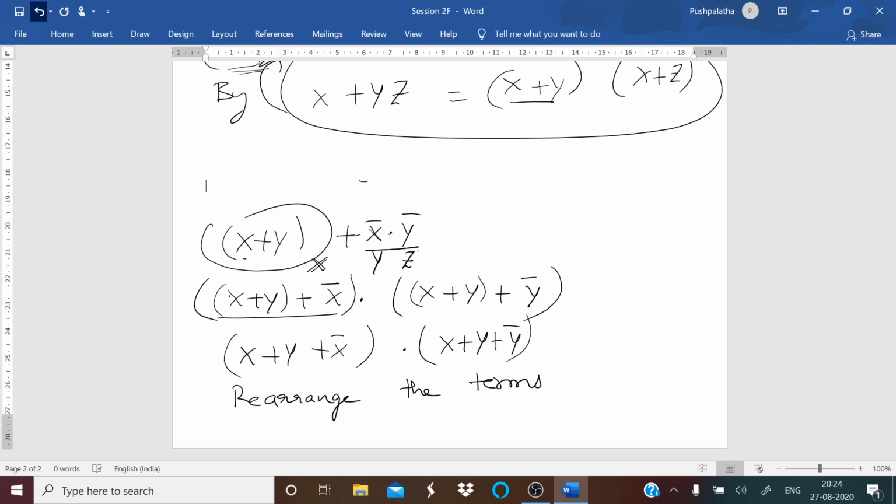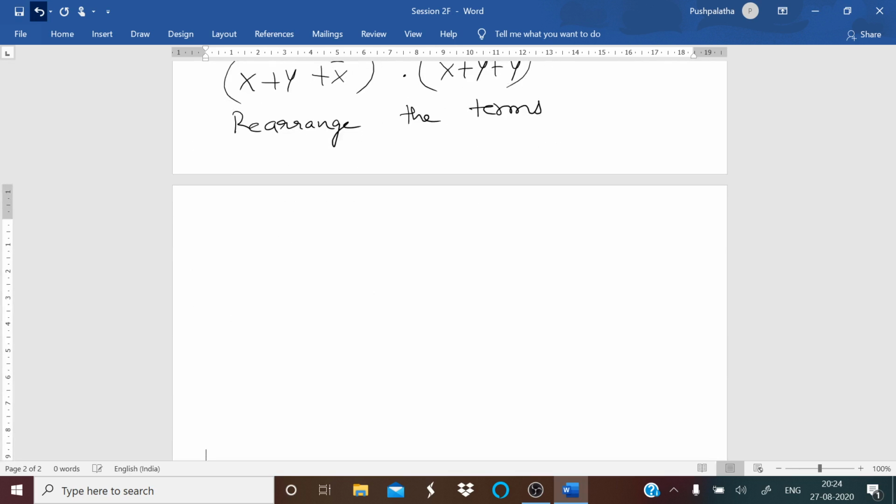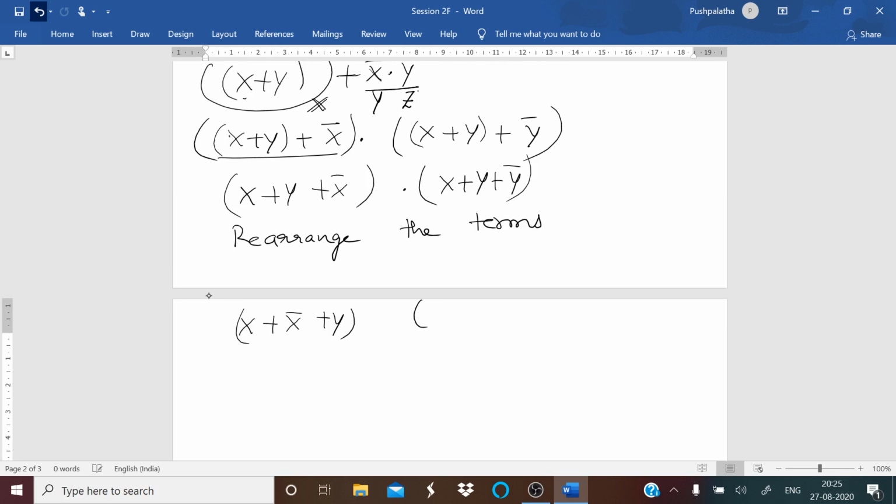Rearranging the terms, you get x plus x bar plus y, the same thing we are just rearranging, into x plus y plus y bar.